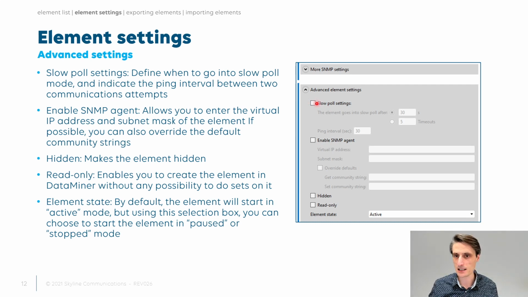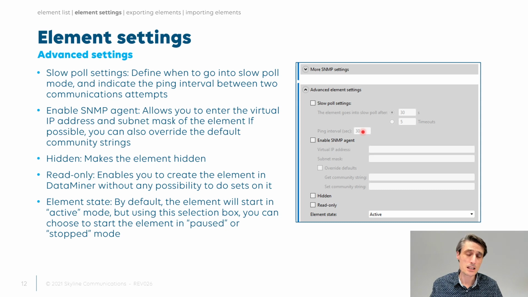So what you can configure is that the element goes into slow poll mode, like backing off, after 30 seconds of timeouts or after 5 timeouts. And then it will do a ping every 30 seconds. It will check if the device is back online.